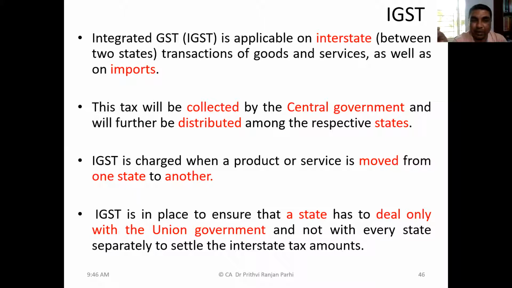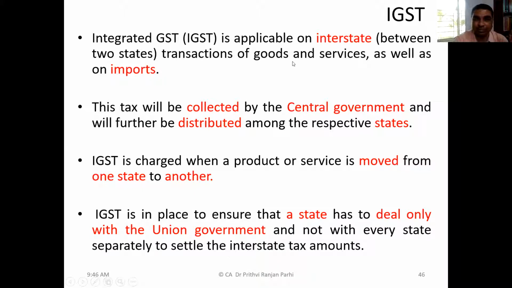Whenever a product or service moves from one state to another, IGST is levied. The IGST system ensures that the state has to deal only with the union government and not with each of the other state governments. Is it clear why the IGST system is there?